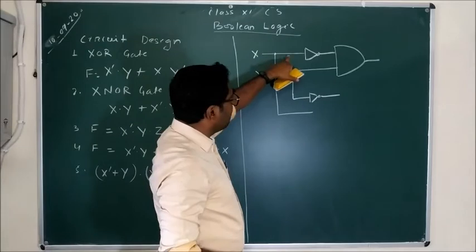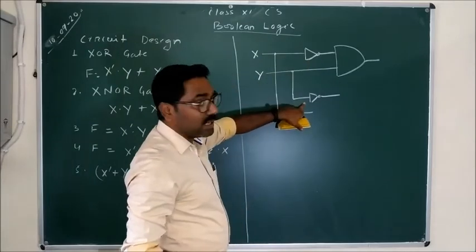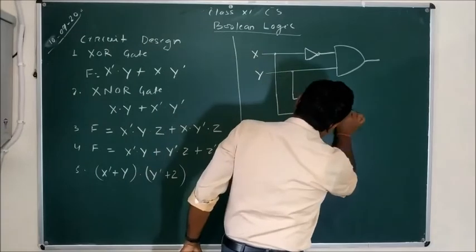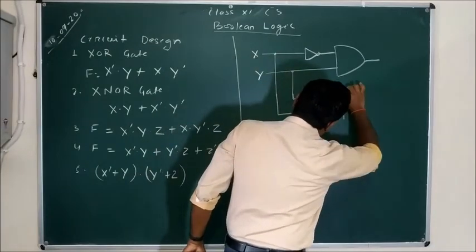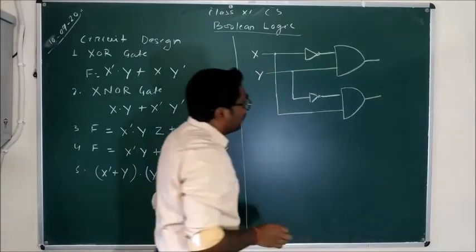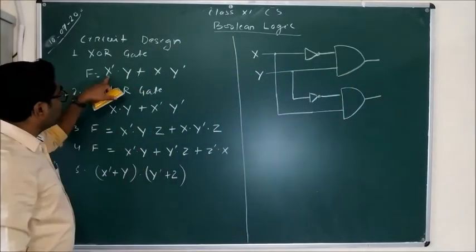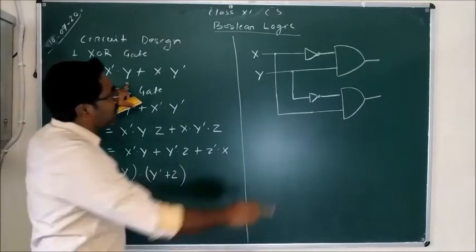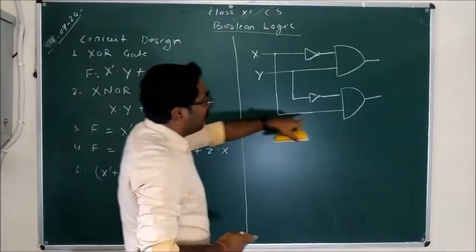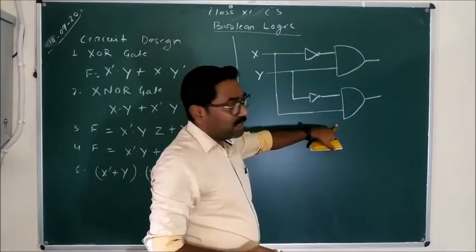The same way we get the X dash, we are getting the Y dash. After getting the Y dash, we join this into an AND gate. Now we get both the terms: the upper one is X dash dot Y, and the lower one is X dot Y dash.